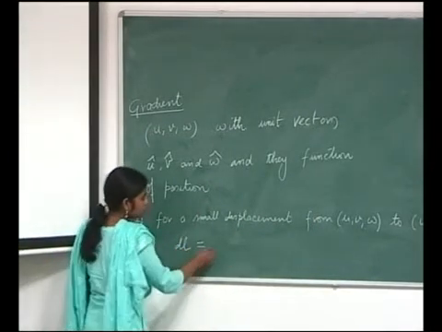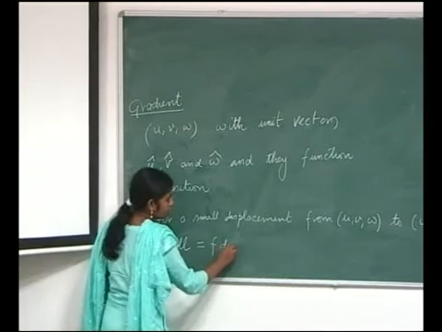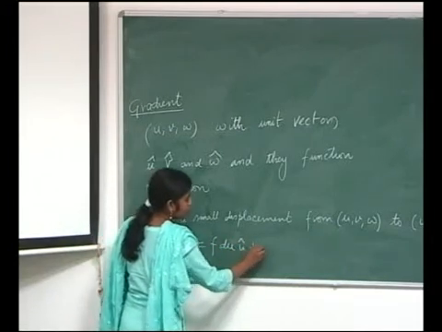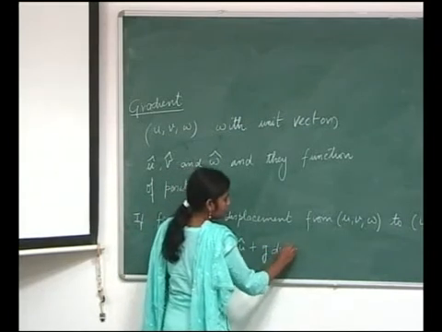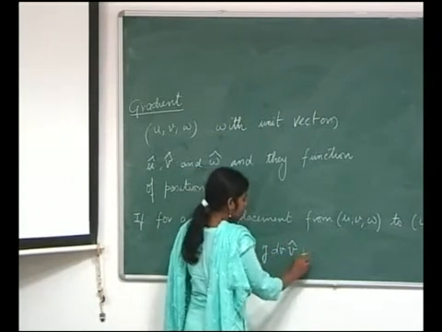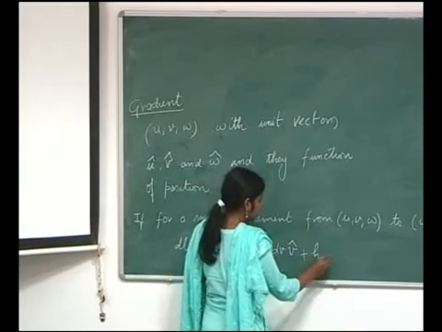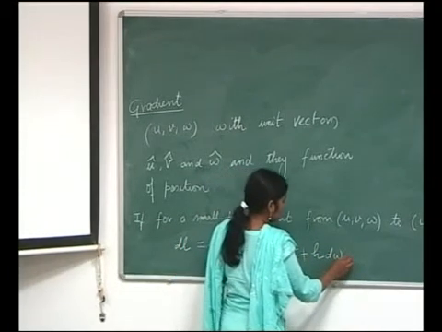is equal to f du u cap plus g dv v cap plus h dw w cap.